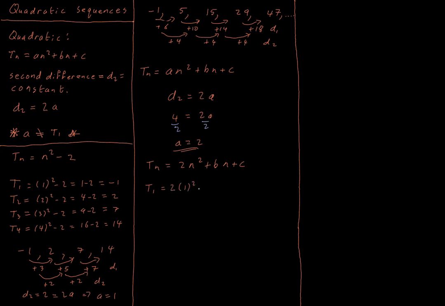We put in 1 for our value for n. We know term 1 in our pattern must be -1. So that means that 2 plus b plus c must be equal to -1. Rearranging this to get b and c by themselves.